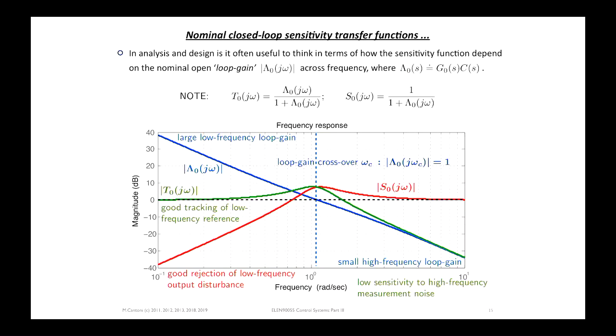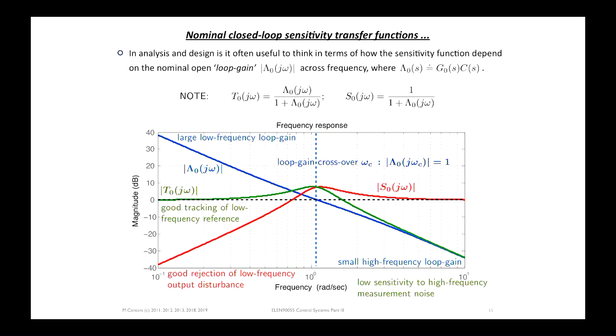So typically you want T to be close to 1 at low frequencies. That gives you good reference tracking. It makes the transfer function from the reference to the output signal close to 1, meaning the output signal is following the reference. And when we choose lambda large, we get T close to 1. And that also makes S small.